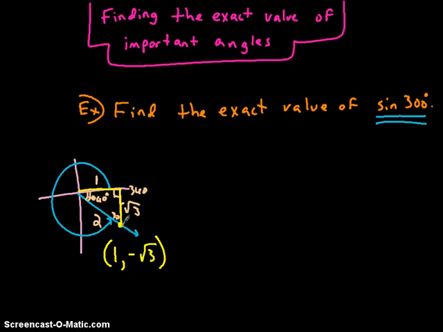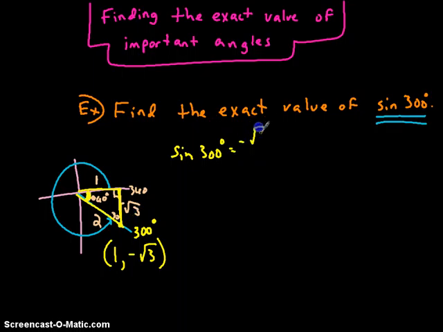If you want to find sine of 300 degrees, if you remember this whole angle is 300 degrees, you really refer back to this reference angle. That's why we call them reference angles, because we always refer back to them when we create this triangle. If I want to find sine at this angle, we already know it's going to be opposite over hypotenuse. So sine 300 degrees has to be negative square root of 3 over 2.